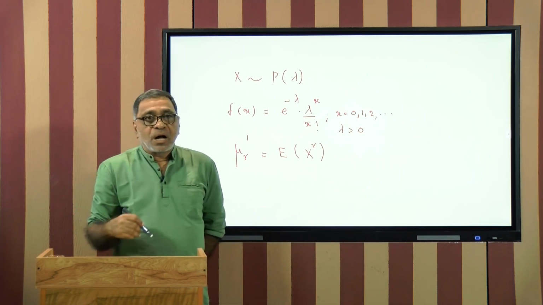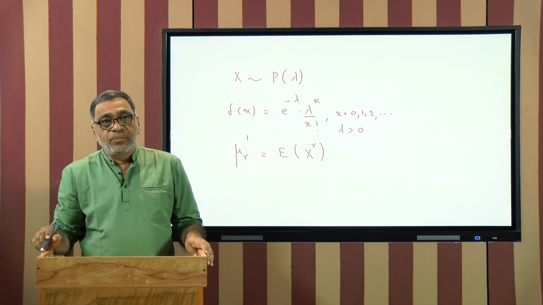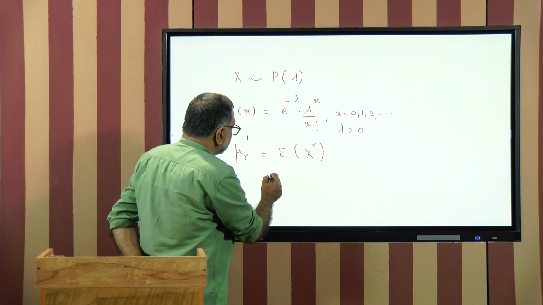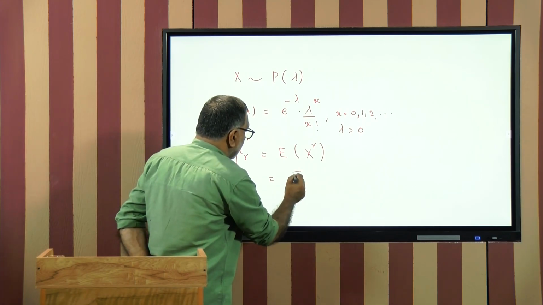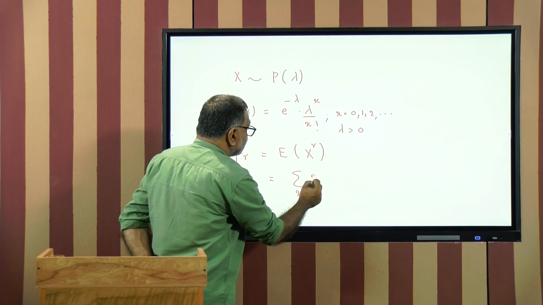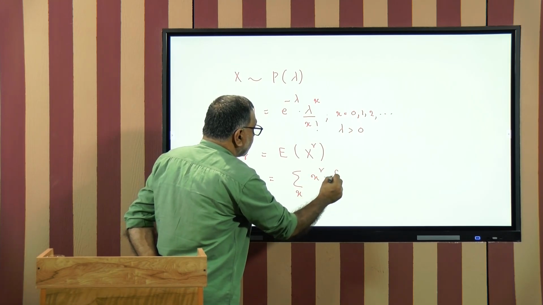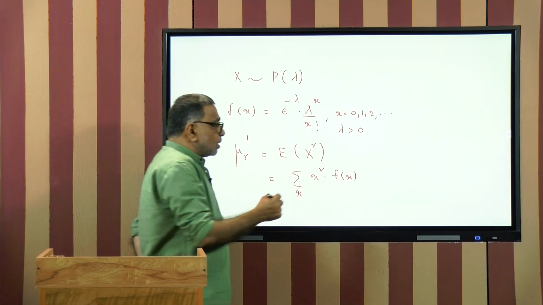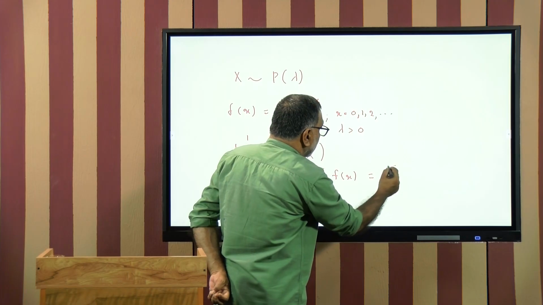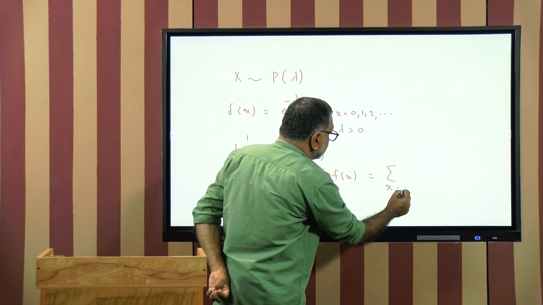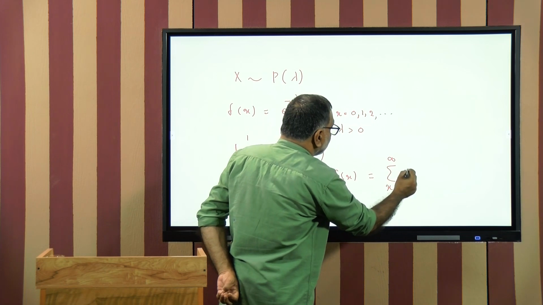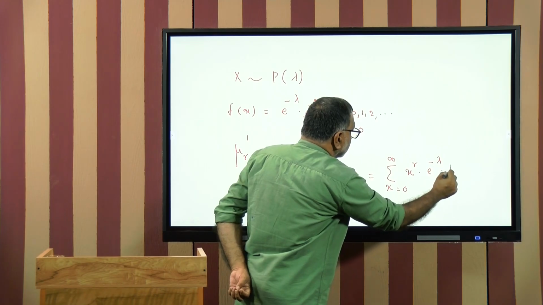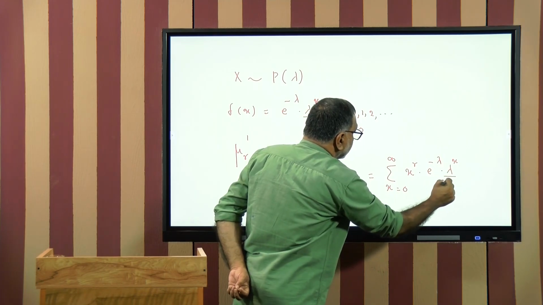For a Poisson random variable, this is obtained as sigma over x of x power r into the probability mass function f of x, that is, sigma over x is equal to 0 to infinity x power r e power minus lambda, lambda power x divided by x factorial.